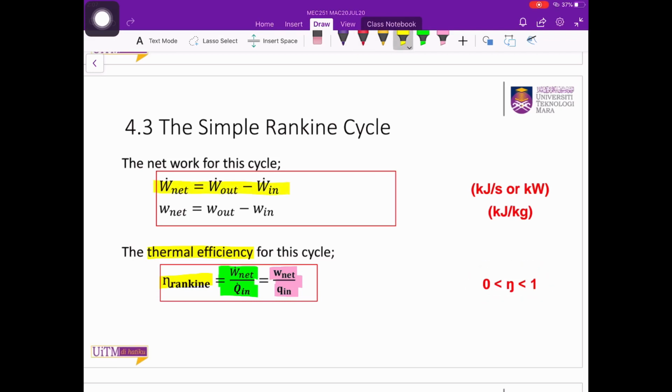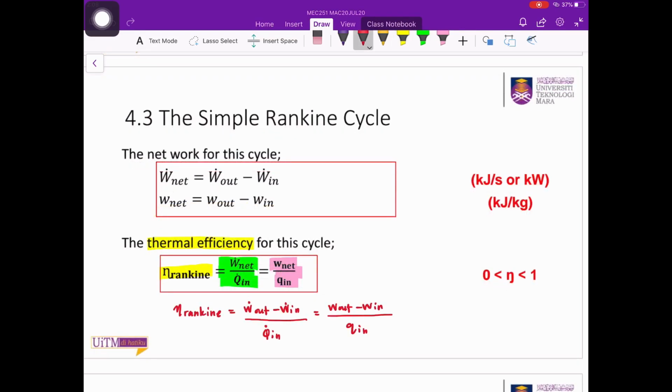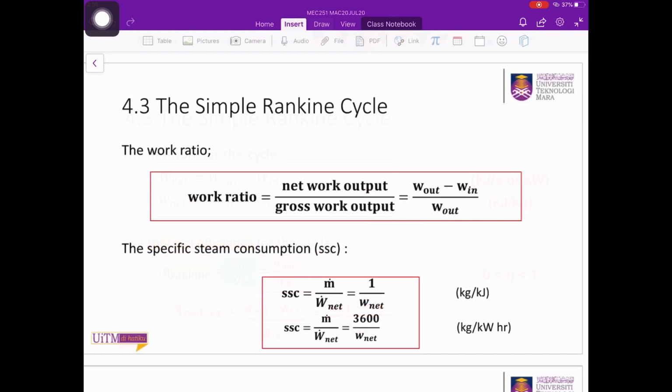Power net out is given by power out minus power in, and net work out is given by work out minus work in. From the Rankine cycle, we can determine the work ratio, which is given by the ratio of the net work output divided by the gross work output.